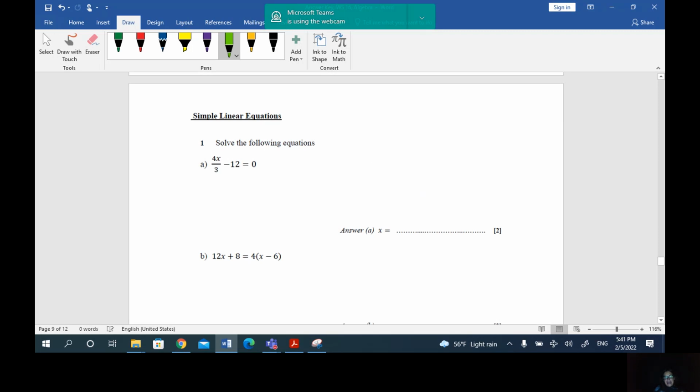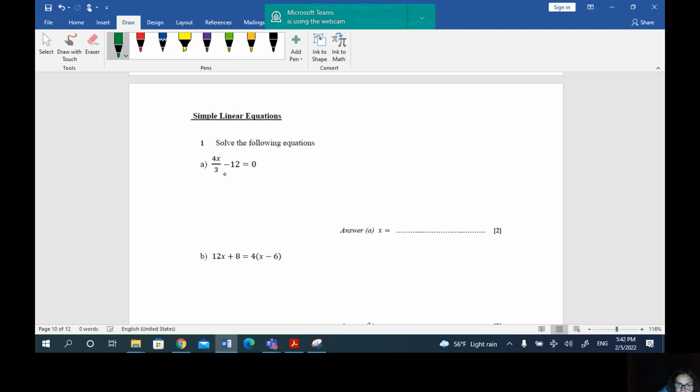Now, the last skill in algebra that you need to learn and make sure that you understand very well is solving equations by applying opposite operations. So 4x over 3 minus 12.